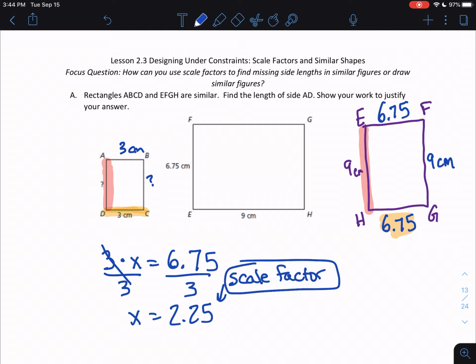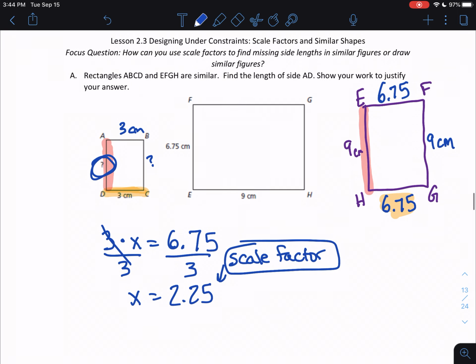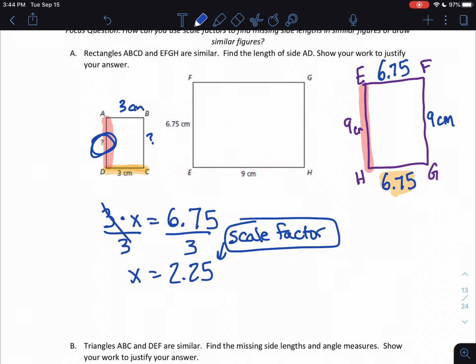So this question mark times 2.25 is going to get us to 9. Now, you might be thinking, well, that's weird, why would I do the math that way? You could do it a different way. We could say 6.75 times what number equals 3.